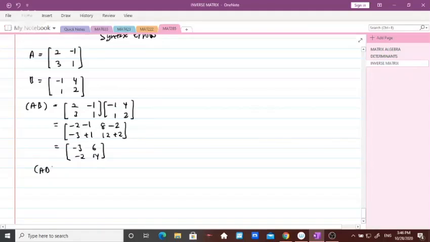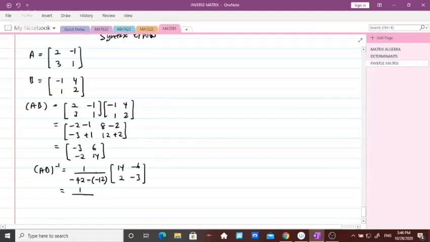So the inverse of AB is 1 over (3 times 14, negative 42 minus negative 12). Then we switch the position of 14 and negative 3, then negative 6, positive 2.